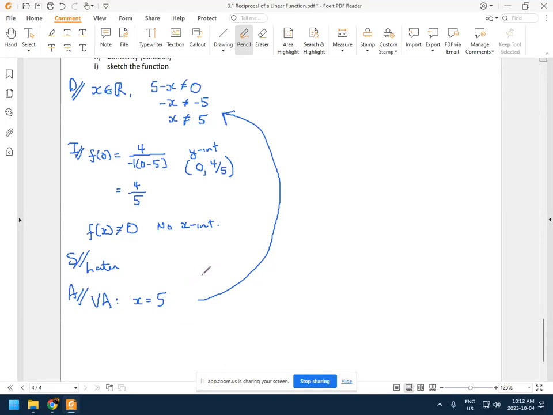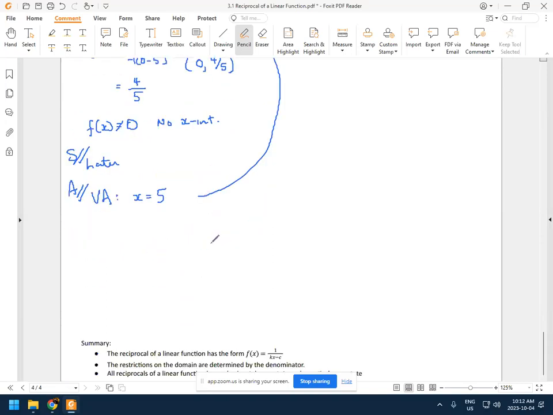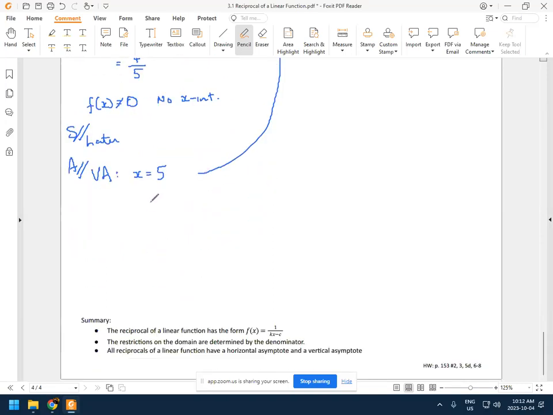And would you please leave some space here? Horizontal asymptote, what is it? Zero. Good. And then leave some space here.